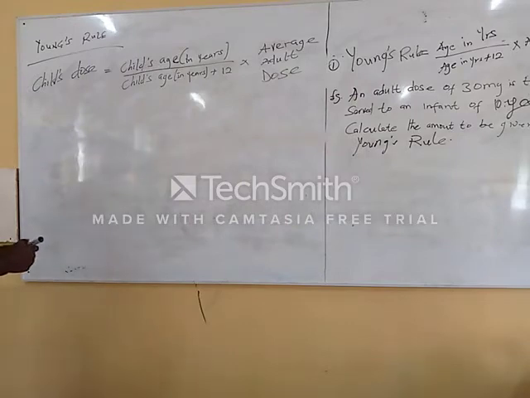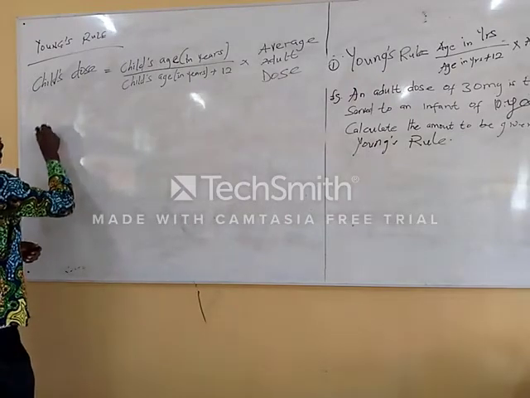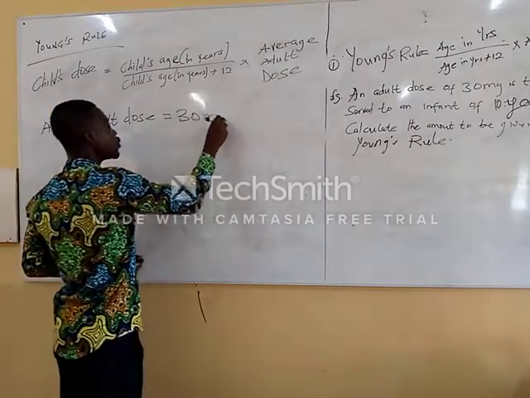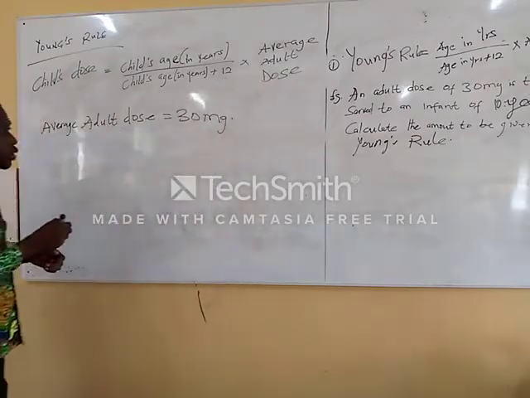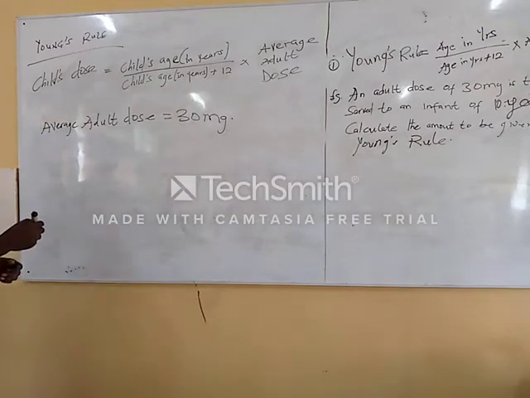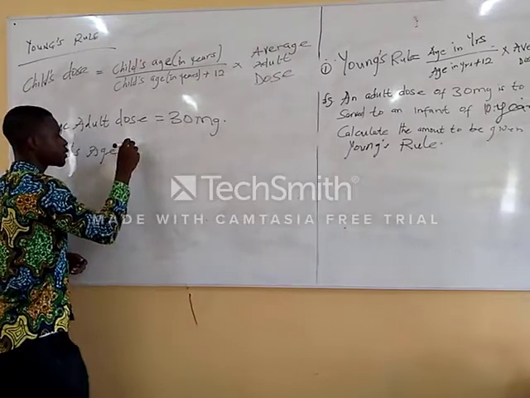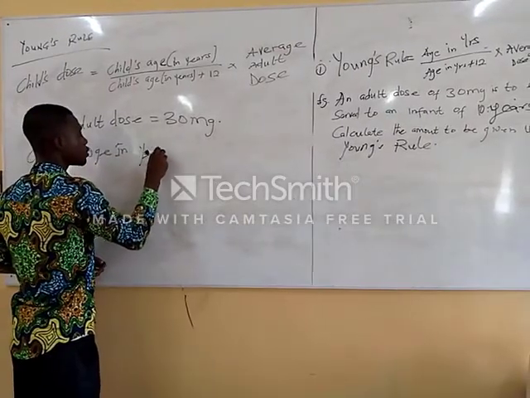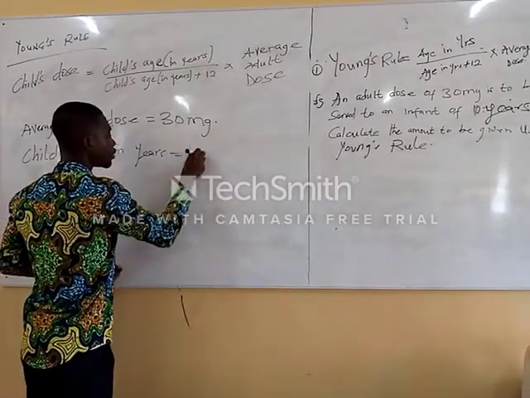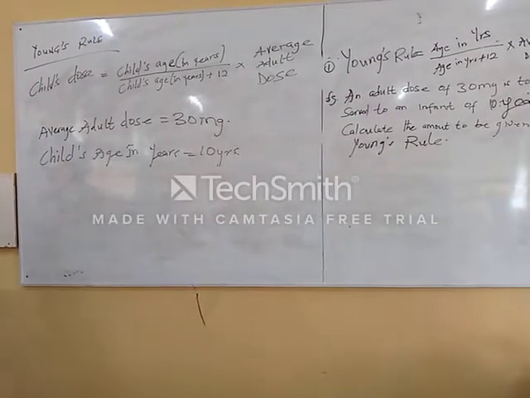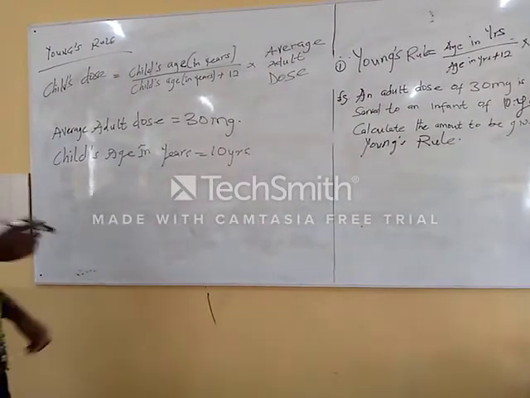From the question, the average adult dose is equal to 30 mg, and child's age in years is equal to 10. So you are going to substitute these values into the formula.